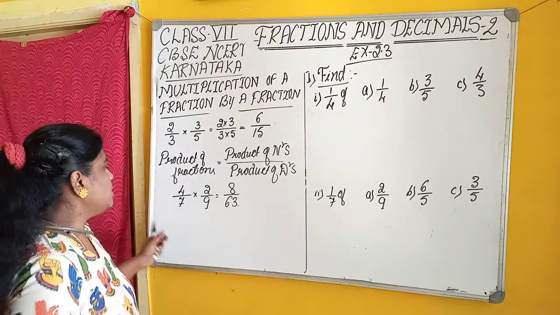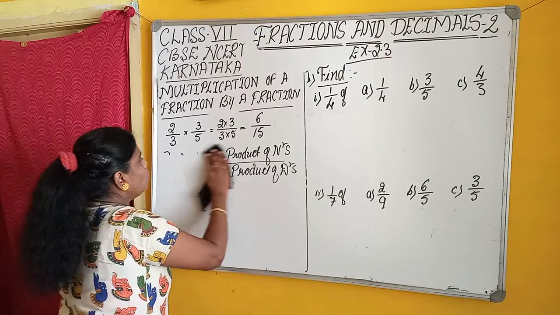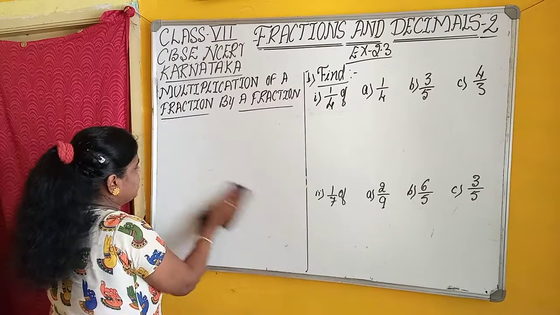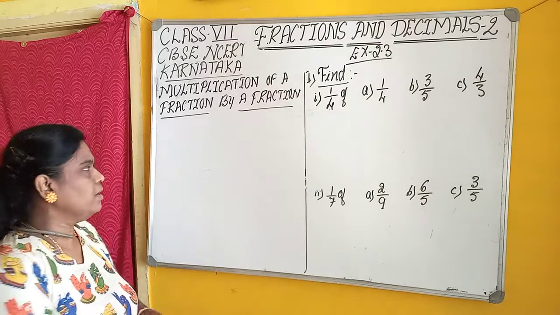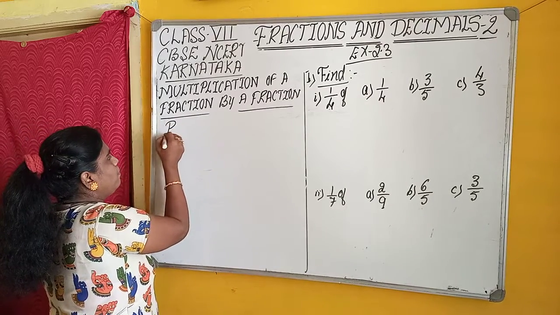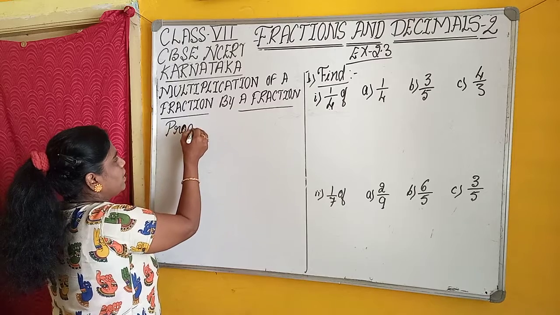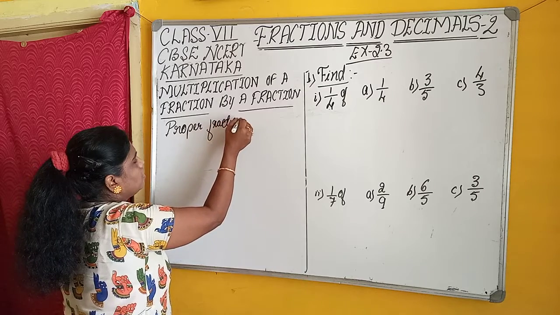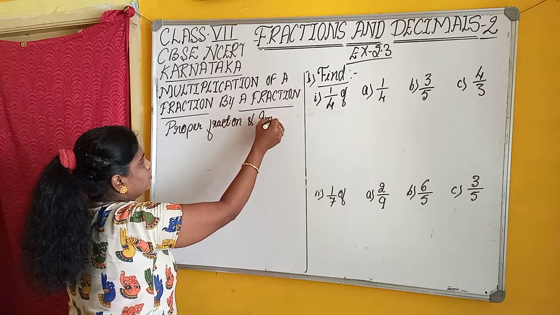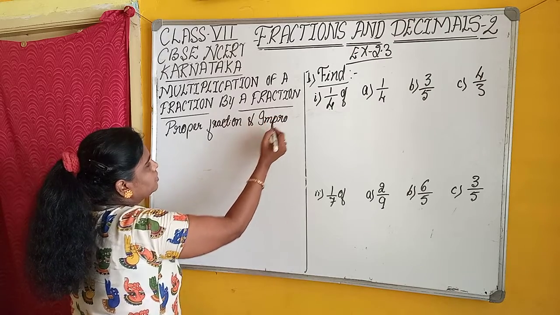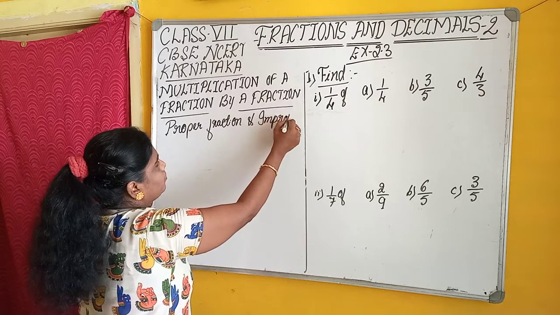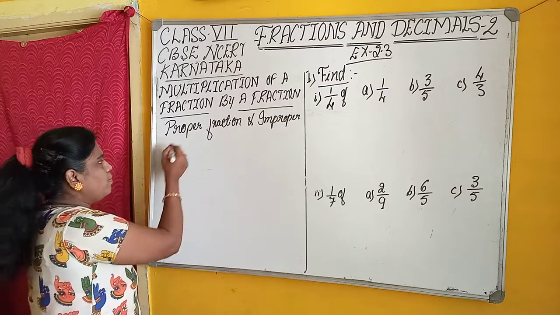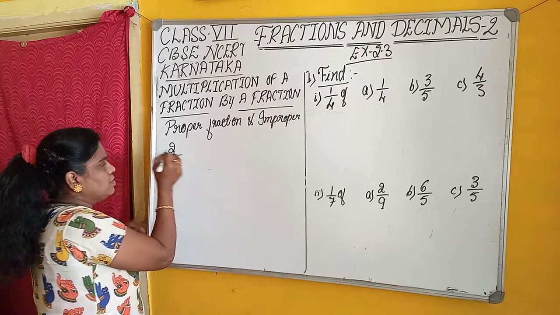Let us study something. You studied in the previous class that there are types of fractions: proper fraction and improper fraction. Let me tell you what proper and improper fractions are. In proper fractions, the numerator is less than the denominator.